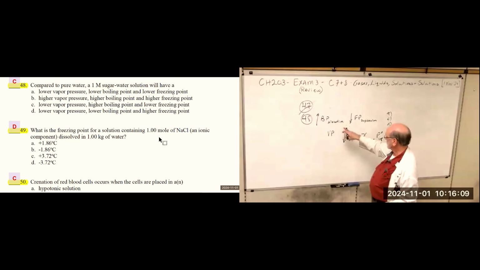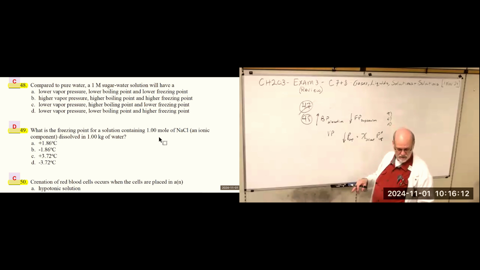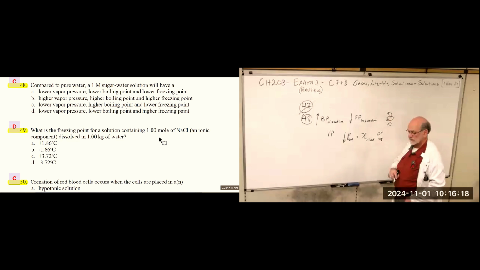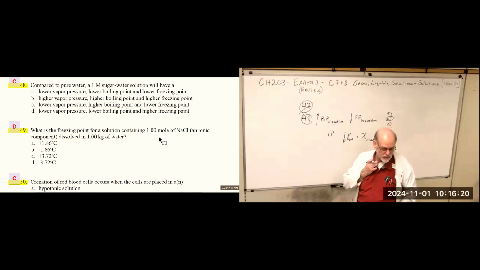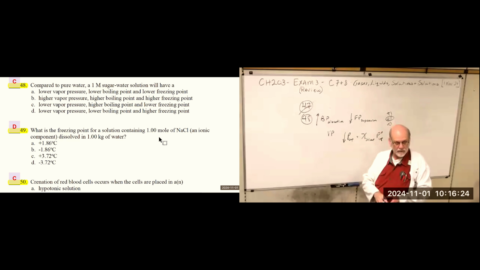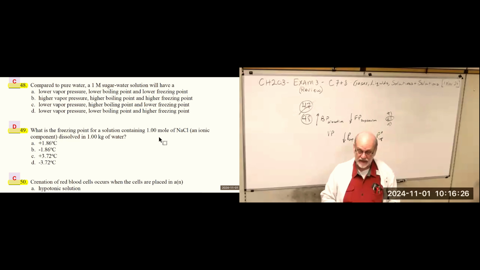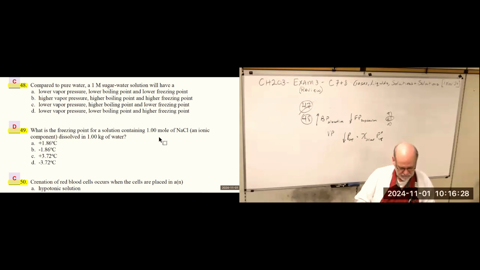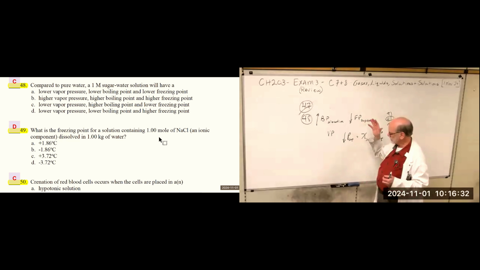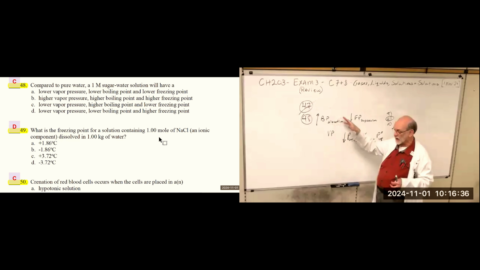Boiling point should increase. So C is the only one with a higher boiling point. I think we found our answer. We can do the other part of it to check. Lower freezing point? Yep. So C is the correct answer for that one. You have to know the effect of the solute on the colligative properties in order to answer the question.